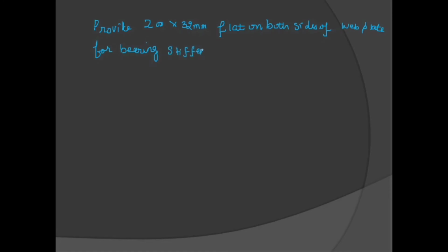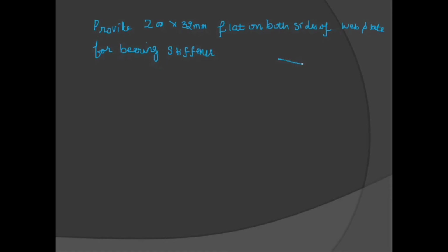Therefore, provide a 200 by 32 mm flat on both sides of the web plate for bearing stiffeners, as shown in the figure.